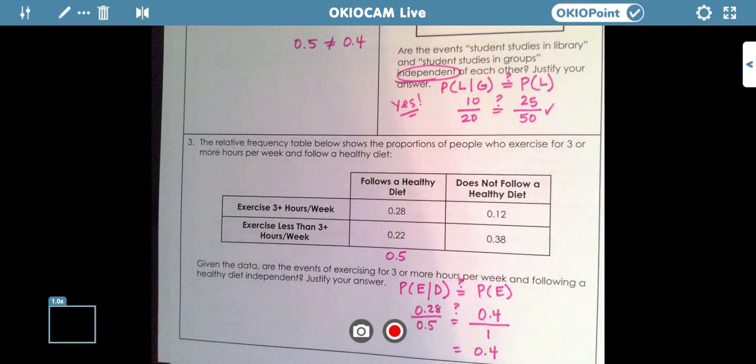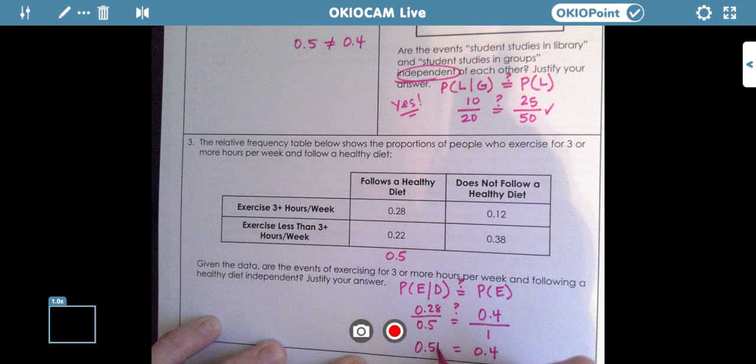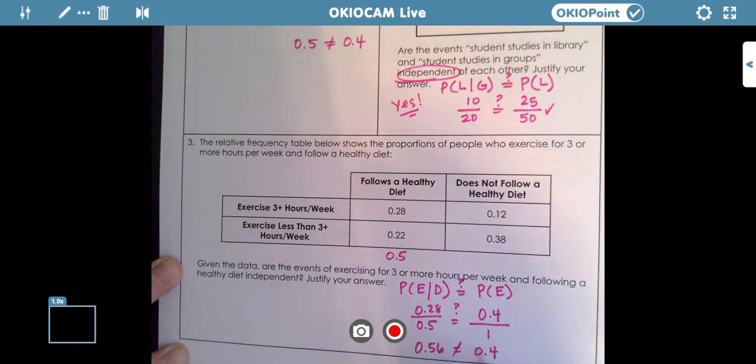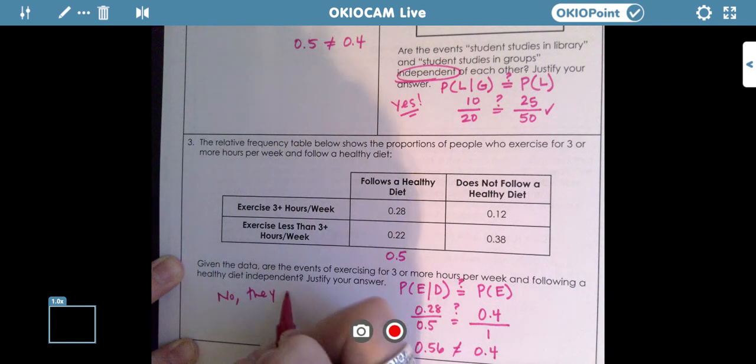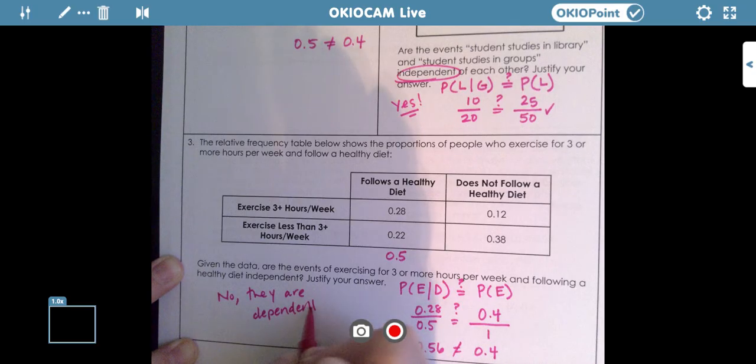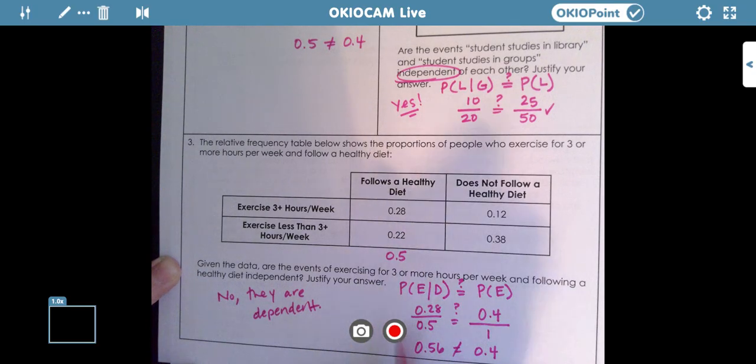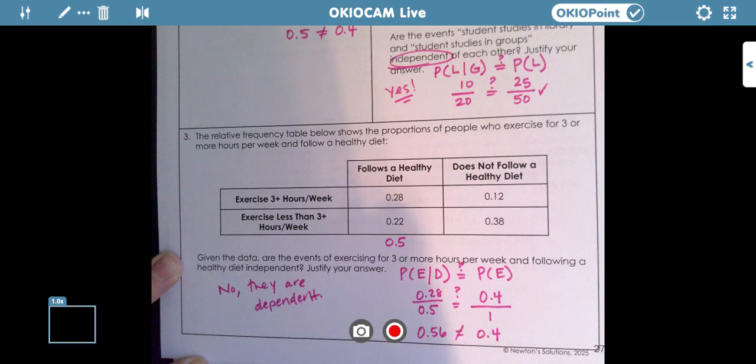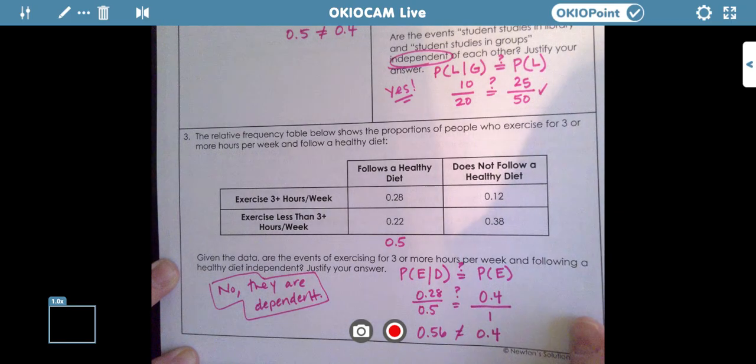If we simplify that, 0.28 divided by 0.5 is 0.56. Now those two are not equal. So are they independent? No, they are dependent. Now justify, we're allowed to use our math to prove it. And here's our math. So we just need to answer the question, which was, are they independent? And we need to have math to prove it.